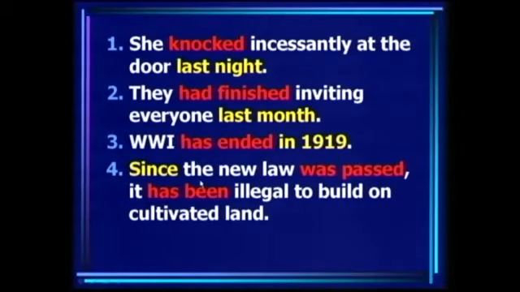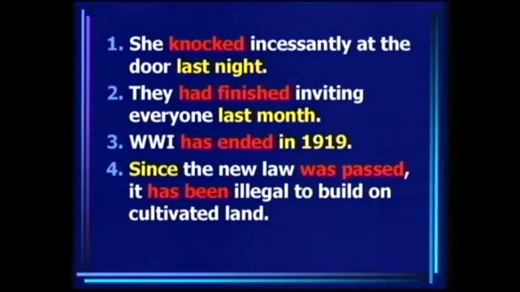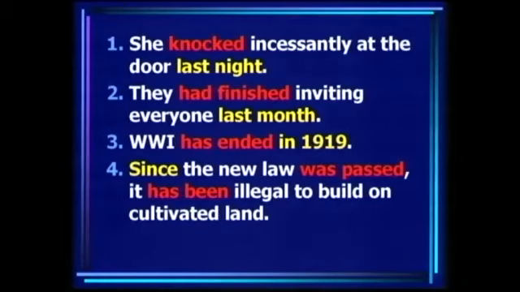Since the new law was passed, شوفوا بقى, since معناها from a certain time in the past until now. Since the new law was passed, يعني since the time the new law was passed, اتسن القانون ده ولا خرج القانون ده, من أول ما خرج القانون ده, من أولها لغاية دلوقتي it has been illegal to build on cultivated land.